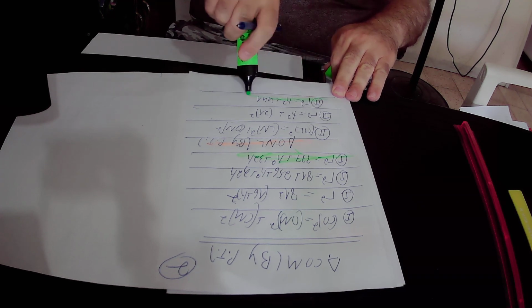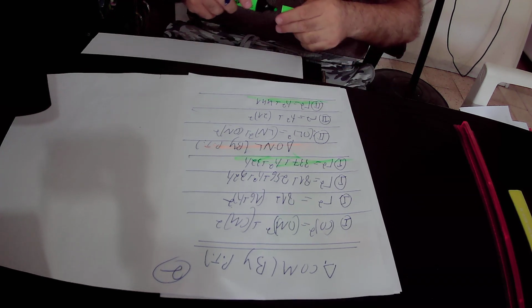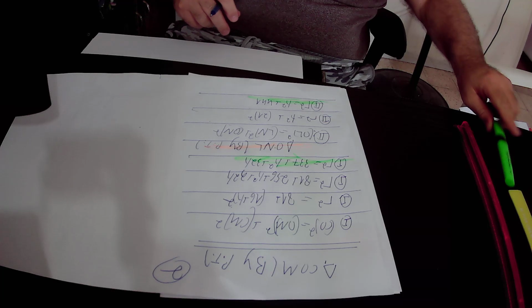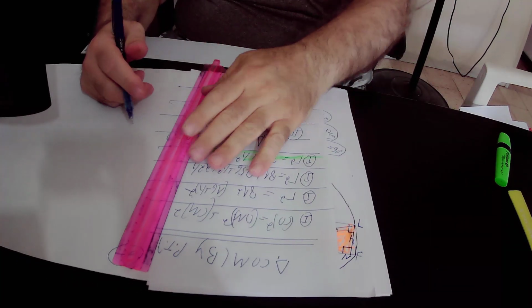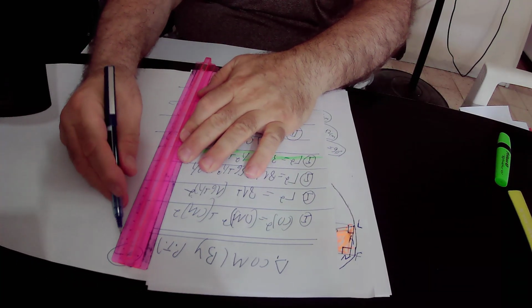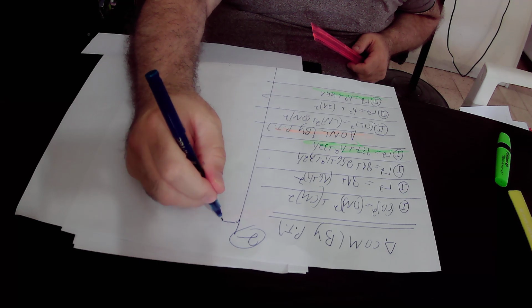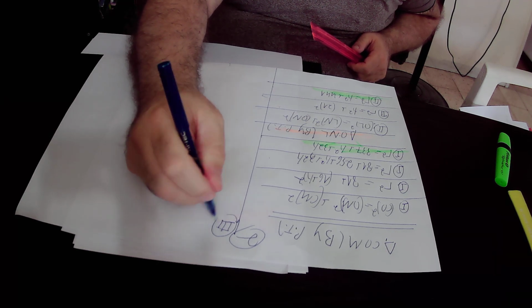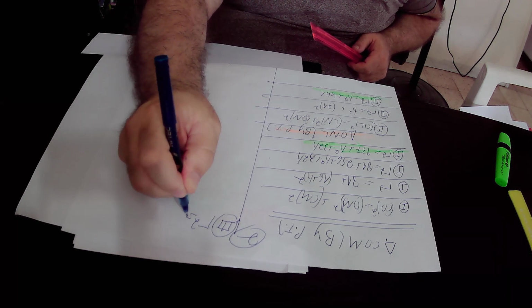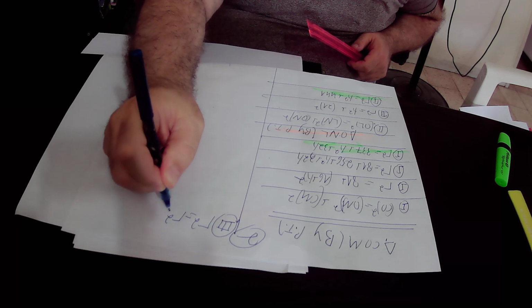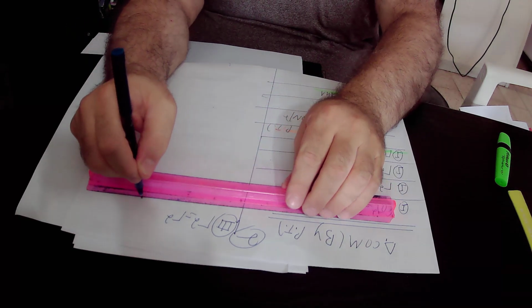So here we actually have two different expressions for R squared. Therefore we create equation number 3, which states that R squared according to equation number 1 must be equal to R squared according to equation number 2. Okay?